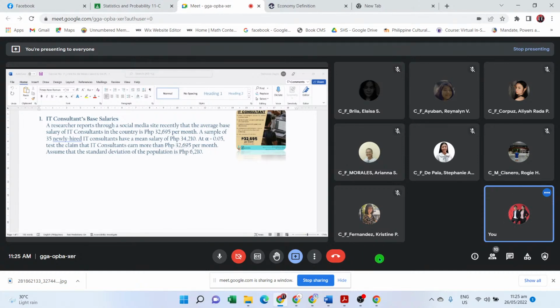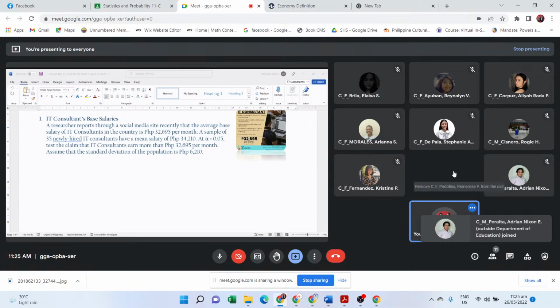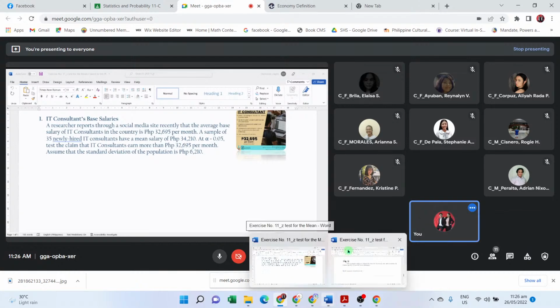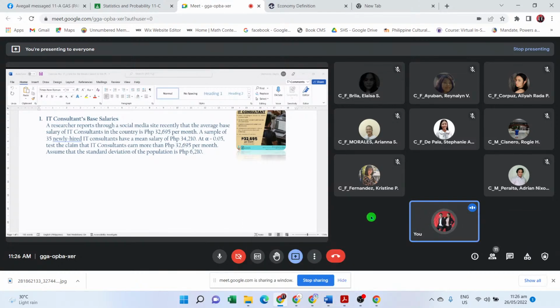So, kailangan lahat ng ideas, lahat ng lessons nating aaralin from this day on, namin ninyong maigi because kailangan ninyo to when you go to research, or when you study research. So we started with hypothesis testing. Now we will proceed to actual hypothesis testing, and this is Z-test for the mean.